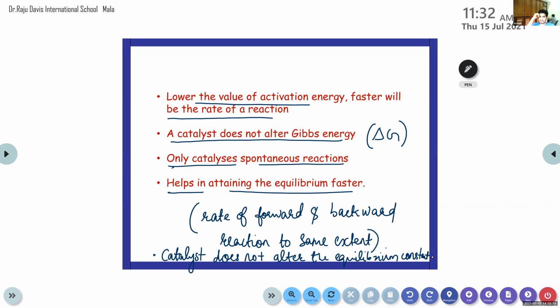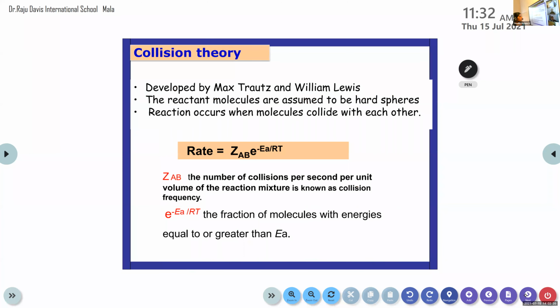Yes, ma'am. Yes, right? Then we are moving to the collision theory of chemical reactions. Write down the heading, collision theory of chemical reactions.